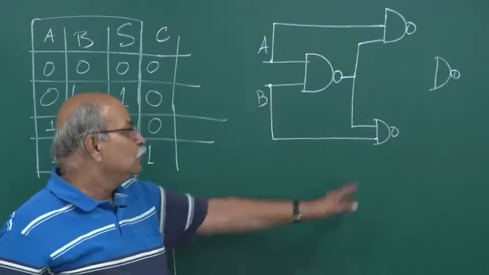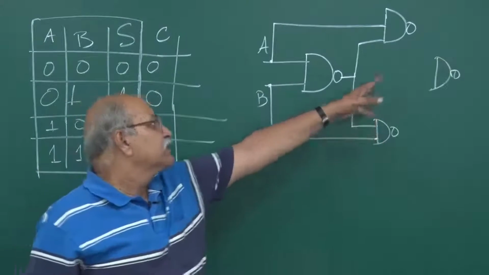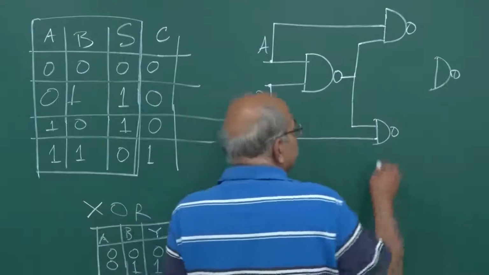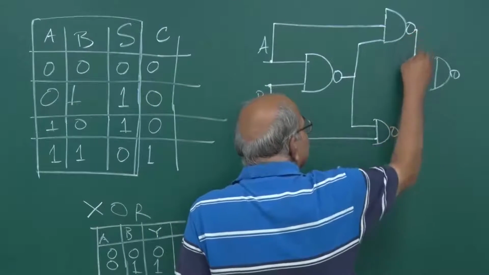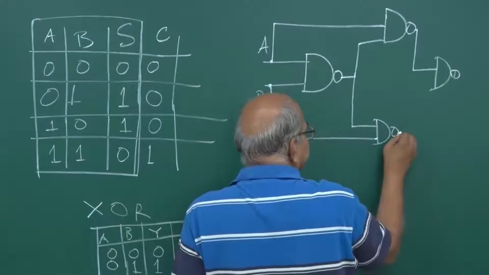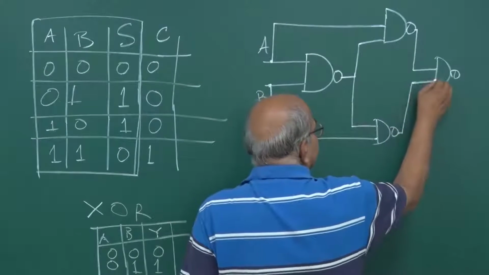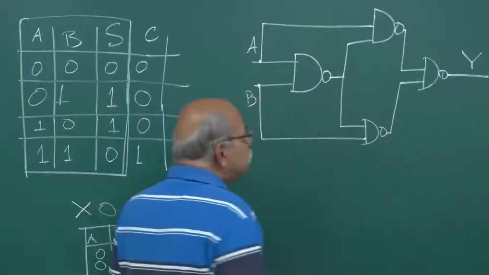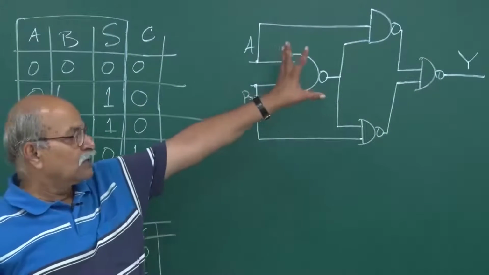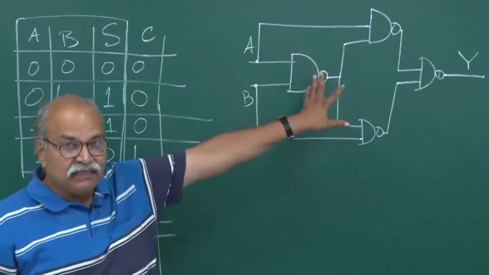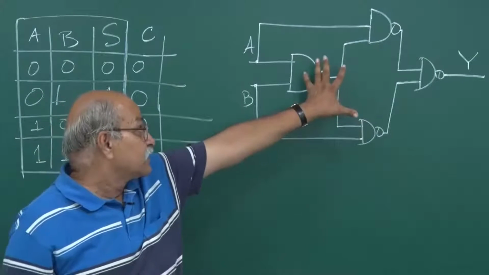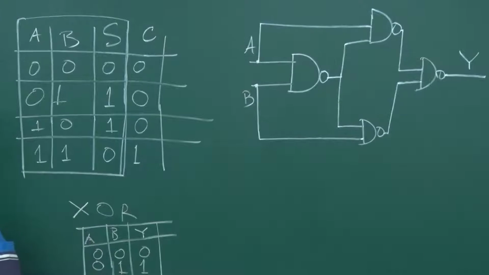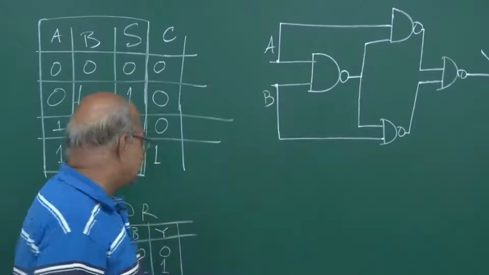So these are the 2 inputs for this NAND gate, these are the 2 inputs for this NAND gate, and then these 2 outputs, they go here, and this is your final output Y. This is how 4 NAND gates are connected in a circuit, so that you have this kind of exclusive OR coming out. So let's check.